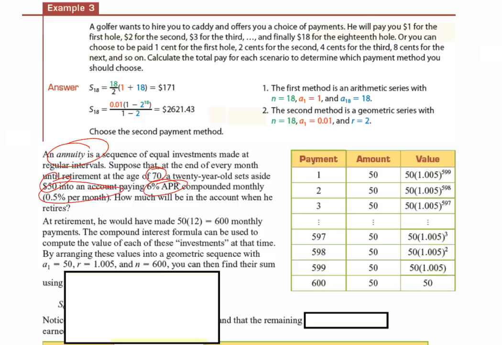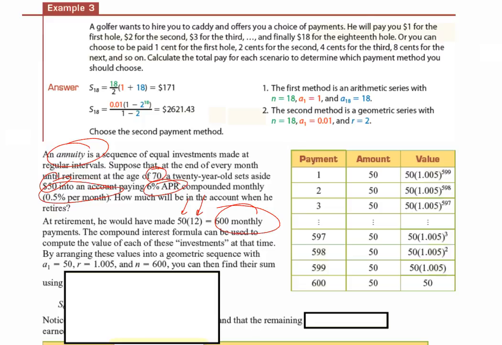Because 6% a year divided by 12 is 0.5% every month. At retirement, he would have made 50 times 12, or 600 monthly payments, from age 20 to 70.